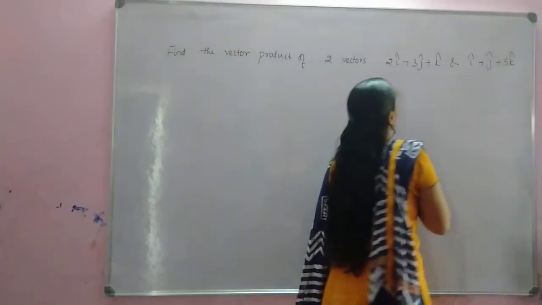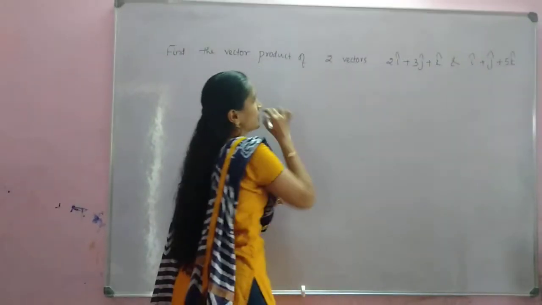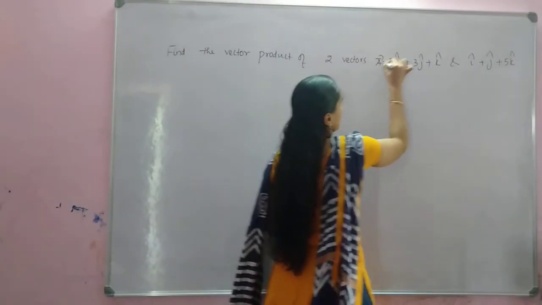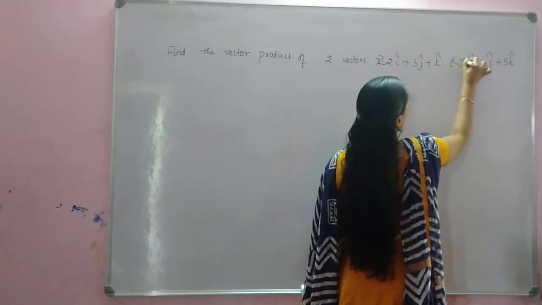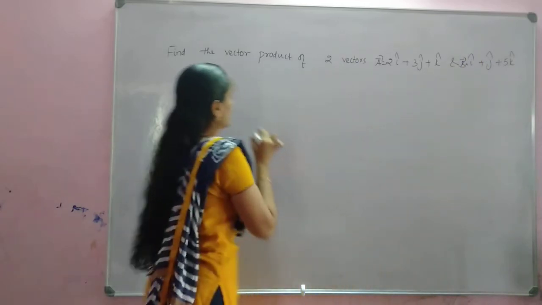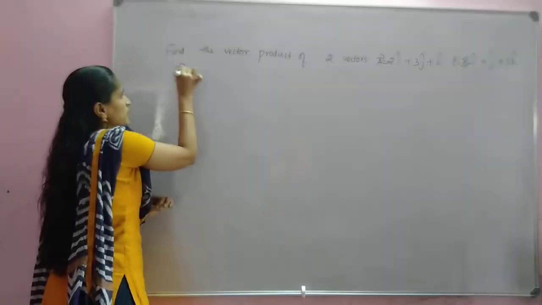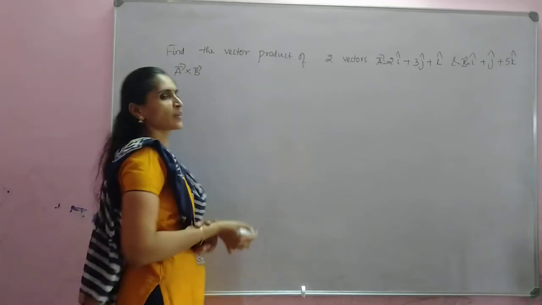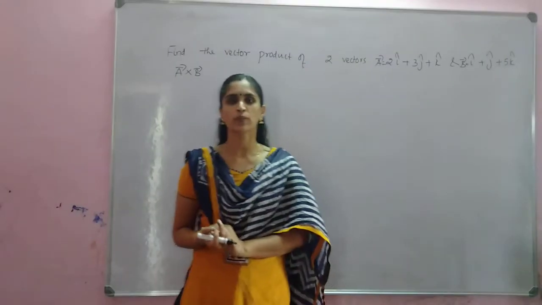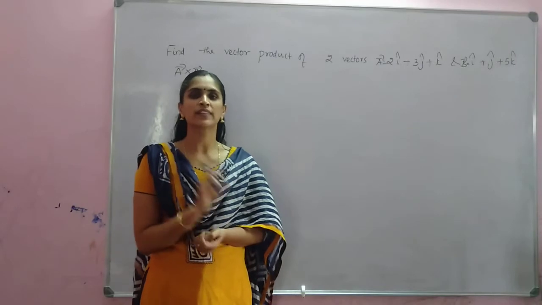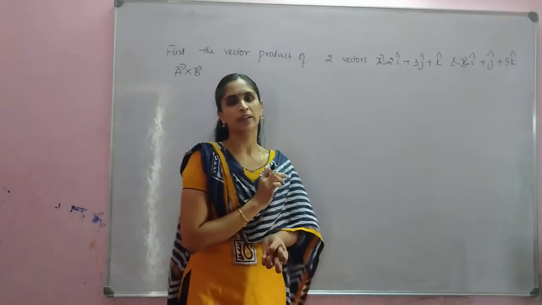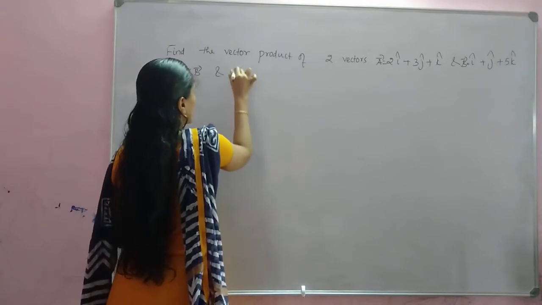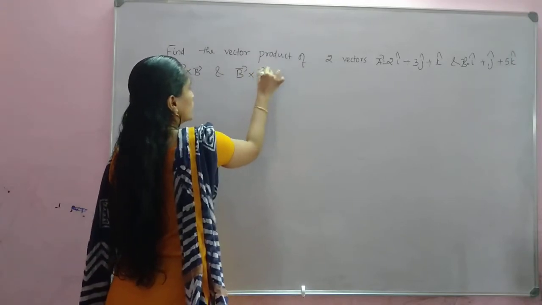A is equal to this, B is equal to this, and I have to find A cross B. They will specify A cross B or B cross A. Finding the vector product means either A cross B or B cross A, but they will specify which one. If they ask you to find both, we can find both A cross B and B cross A.